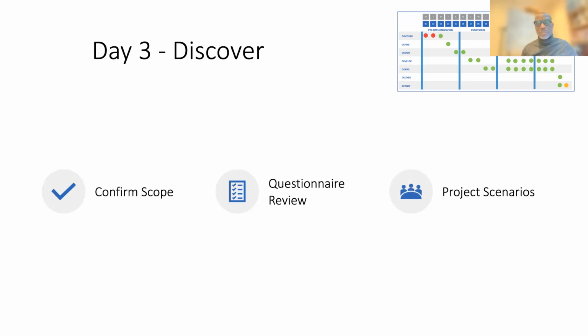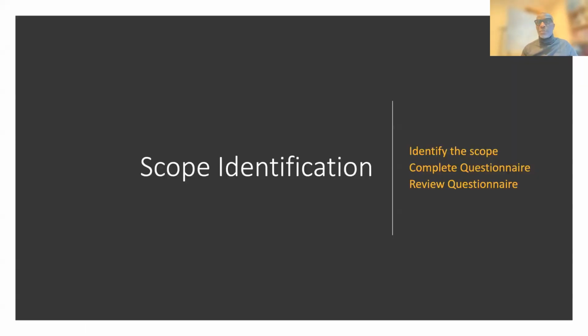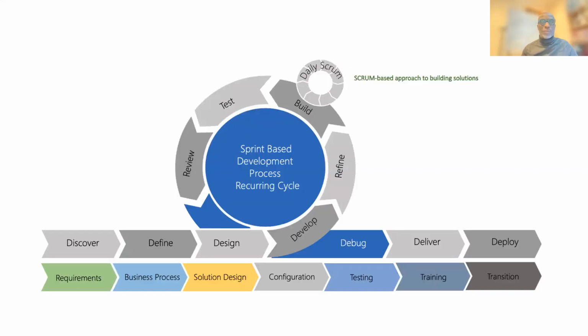You're also going to be taking them through some of the key elements of data that you need to collect to build your first level of what I would normally call an MVP, which is the minimum viable product. So we're identifying scope, looking at the definition, and also the review of the questionnaire.